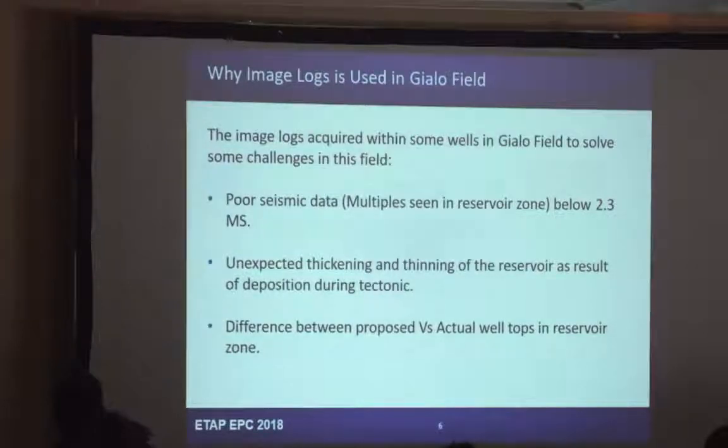In some places in Sirte Basin, the seismic data is hopeless to resolve the larger scale structural features. So with the image logs acquired in the two wells in Jado field, we tried to solve some challenges due to the poor quality of seismic data, the unexpected thickening and thinning of the reservoir, and differences between the proposed and actual well depths noticed in the reservoir zone.